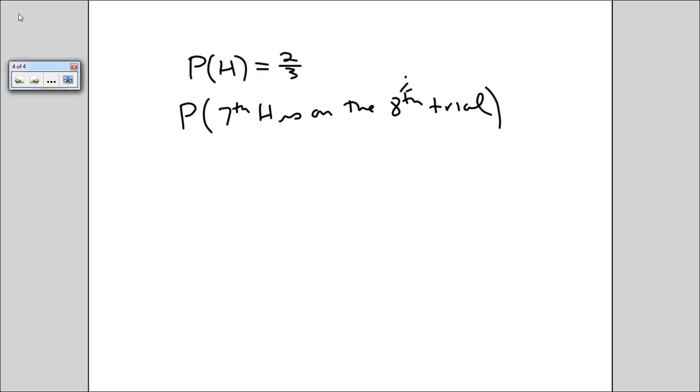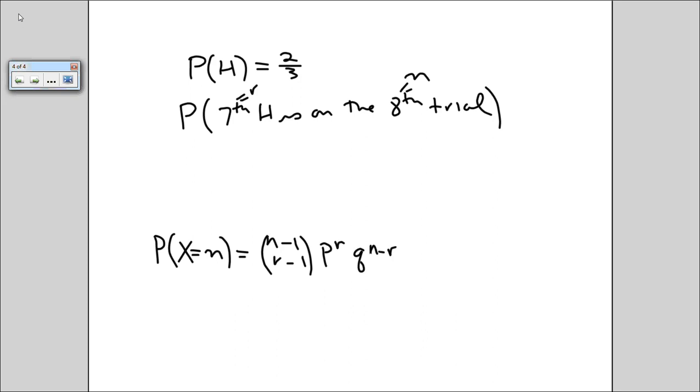The number of trials is n, the number of successes is r. So we want the probability that X is n. We know it's n minus 1 choose r minus 1, p to the r, q to the n minus r.